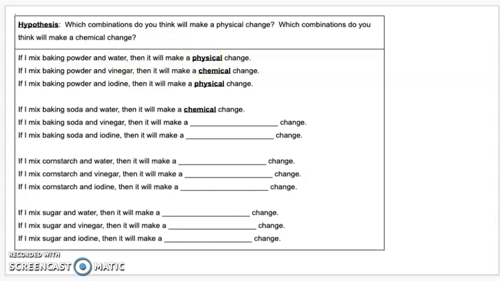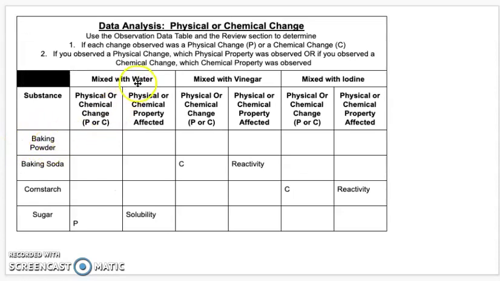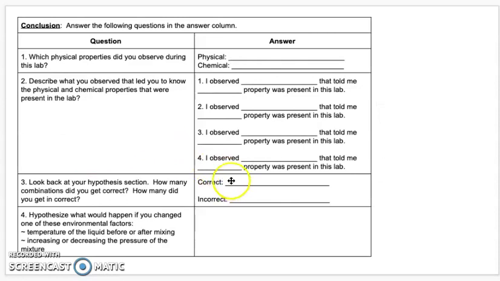But yet, when I filled out my data analysis, I said baking powder plus water gave me a chemical change. Then I know that's 1 incorrect. So I go through and I fill out all of those and I give myself maybe a 7 out of 12 was correct and then a 5 out of 12 was incorrect. They got to match up to 12 either way.